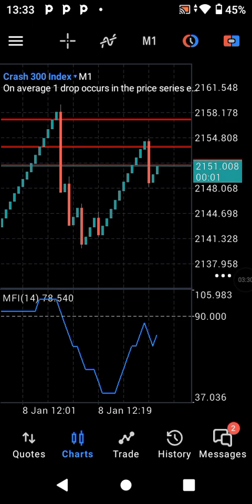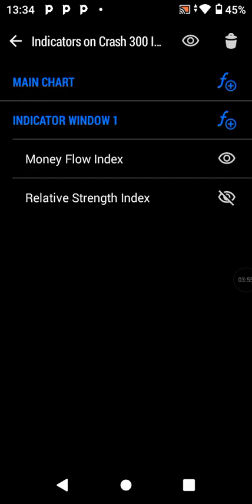But at this point, if I had already entered this trade, I would have remained in the trade and believed that more spikes will still be coming. But at this point I cannot take the trade anymore because I have not yet got the confirmation. Now let me go into explanation. I don't want to keep you guys long. I'm using the Money Flow Index.